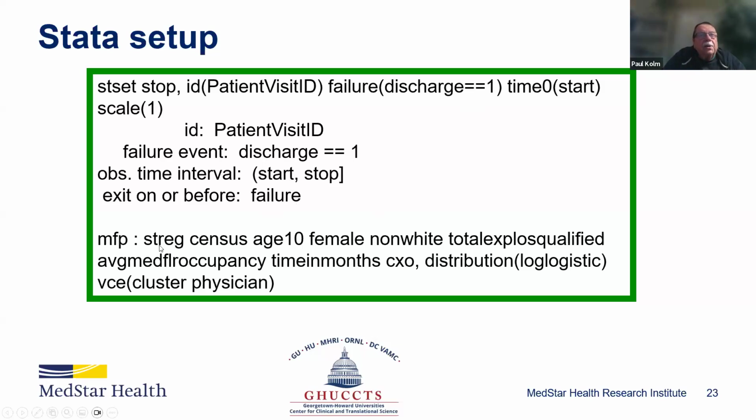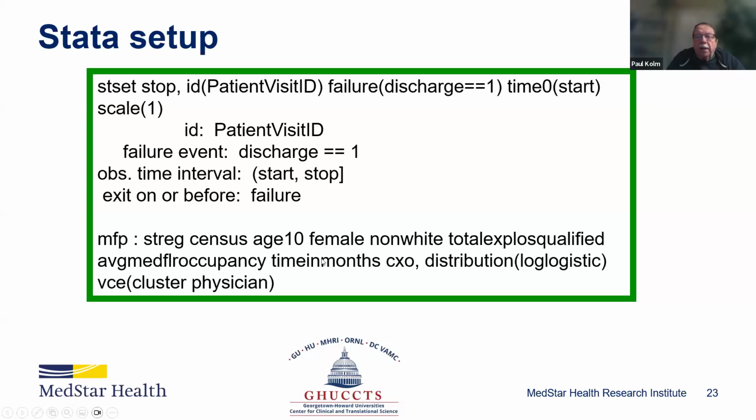And so our multivariate fractional polynomial regression equation looks like this. We're going to do survival regression. Our independent variables are going to be census, or this is physician workload, age, female, non-white, and so on.